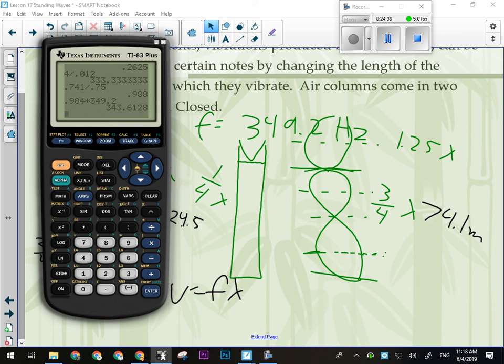First, we have to figure out what temperature it is in here. We have a thermometer that tells us the temperature, and we're looking at 23 degrees. So 332 plus 0.6 times 23. Pretty close.